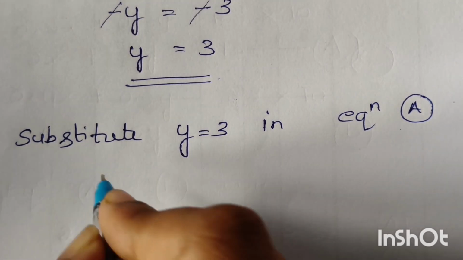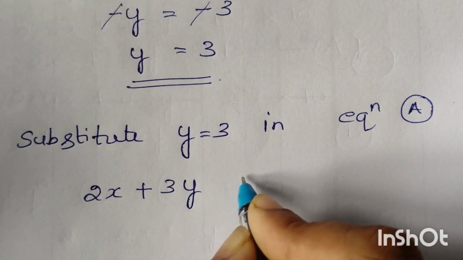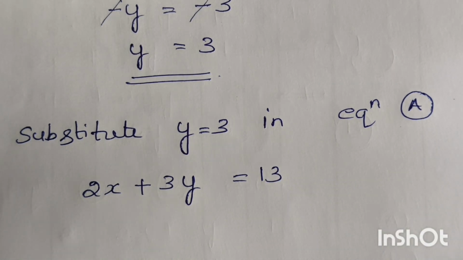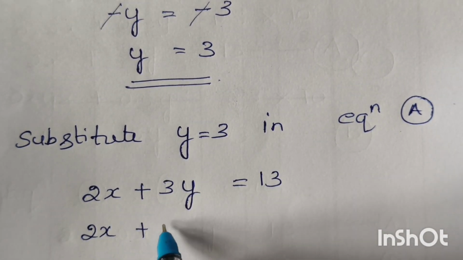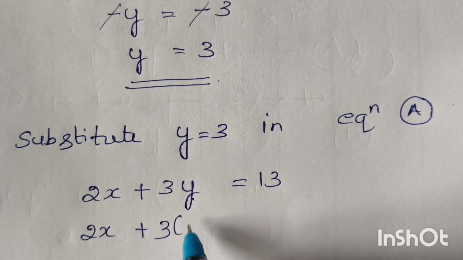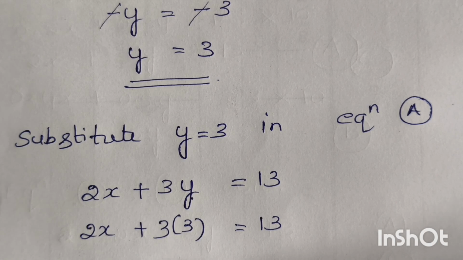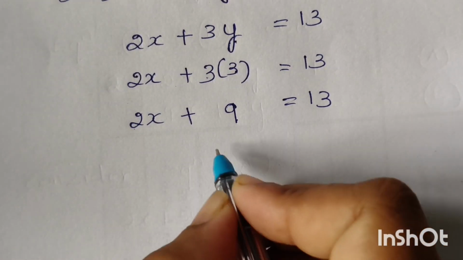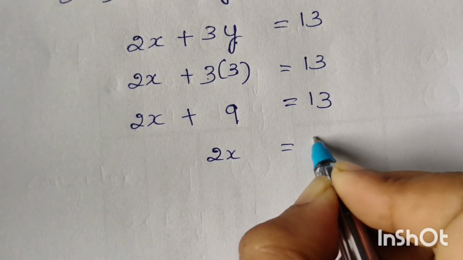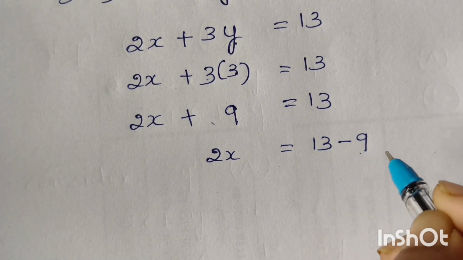that is 2x plus 3y is equal to 13. Here y is 3, therefore 2x, in the place of y let me write 3, 2x plus 3 3s are 9 is equal to 13. 2x is equal to 13 plus 9, when it will cross this side it will become minus 9.